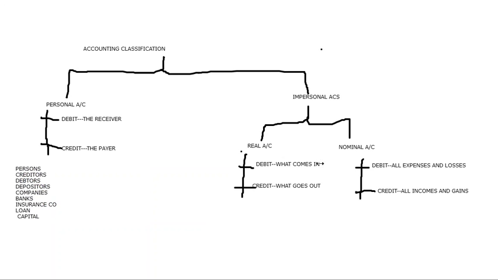Students, it is simple to remember: we usually call these assets, and these liabilities. Simply, we call debit what comes in, which is concerned with assets, and credit what goes out, which we simply call a liability.